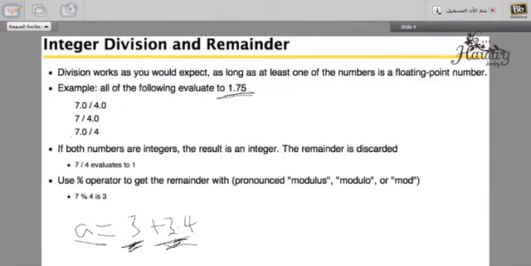Right? Okay. So if you say, for example, integer x, and you also have double y.